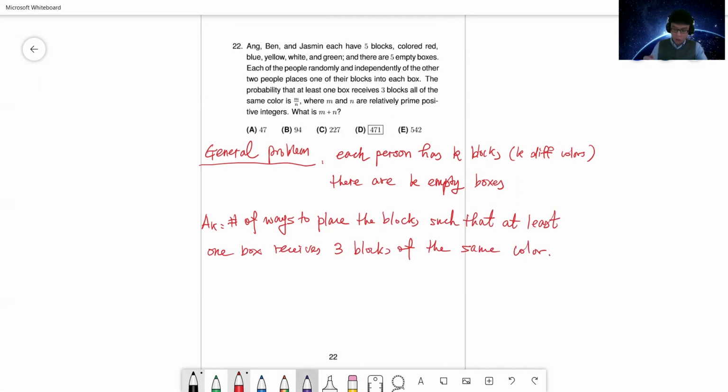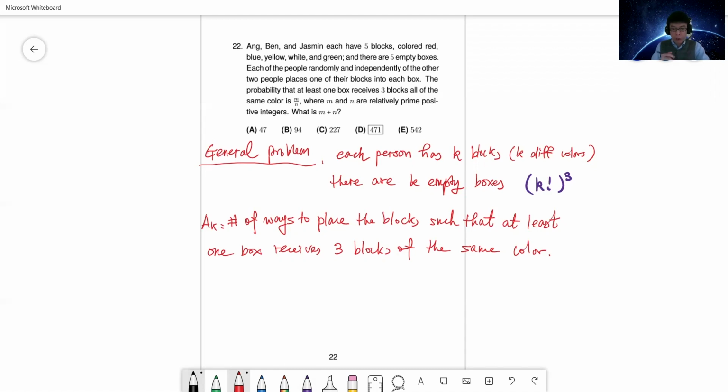For this case, if each person places 5 blocks into 5 empty boxes, we have 5 factorial. Because we have 3 people, we have 5 factorial cubed. In the general case, that corresponds to K factorial cubed. That's the total number of ways to place the blocks. Let's see how many ways there are in A_K.